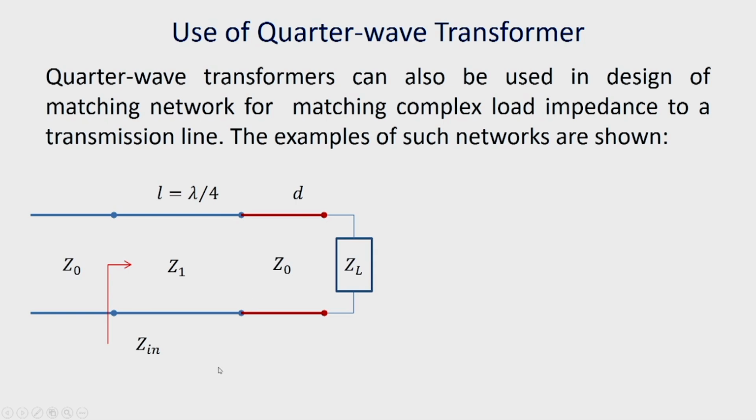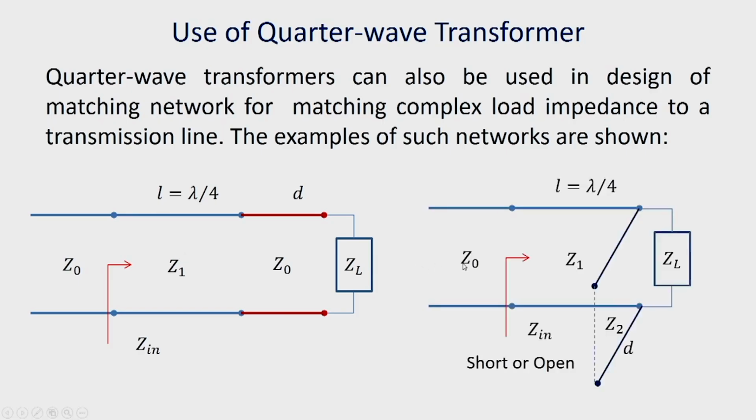So, once we can do that, here we will be left with a real transformed value of the load, and that real value can be matched to the transmission line using a quarter wave transformer. Another example is shown here, where suppose we put a stub at the location of the load ZL to cancel out the reactive part.